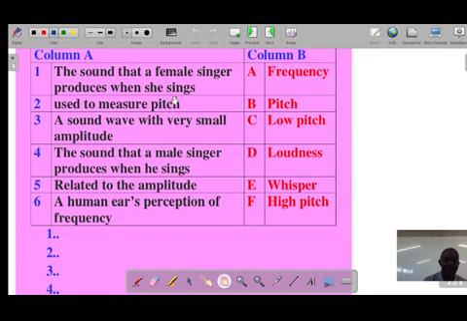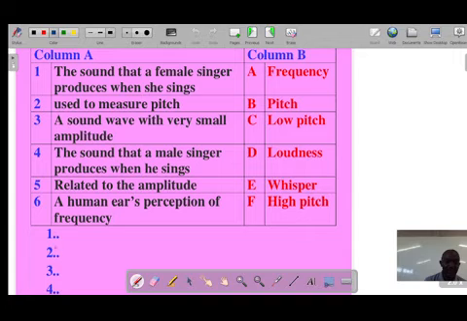Under normal circumstances, a female singer produces a high pitch, so that is F.